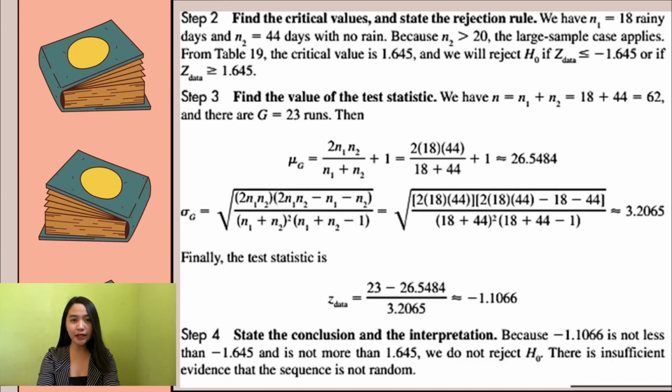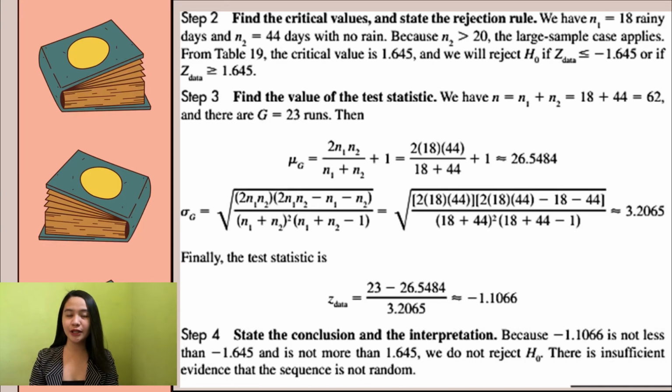From table 19, you may refer to module 16 for the table, the critical value is 1.645 and we will reject the null if z data is less than or equal to negative 1.645, or if the z data is greater than or equal to 1.645.